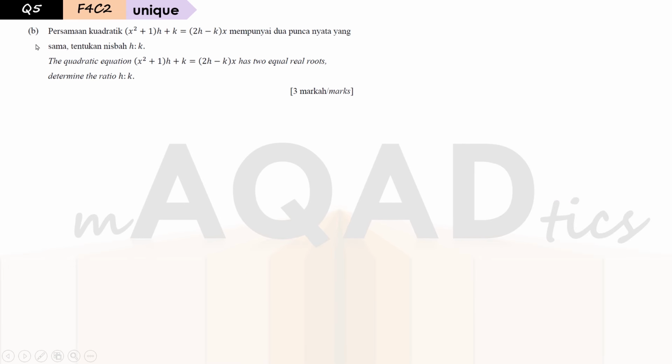For part b, it says that we have this quadratic equation and it has two equal real roots, and we need to determine the ratio of h to k. When you see roots, you need to think of the discriminant. So what is the discriminant?